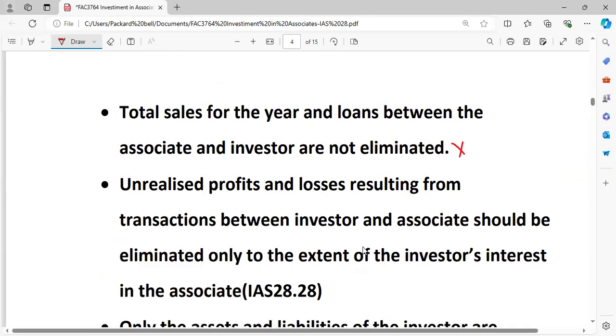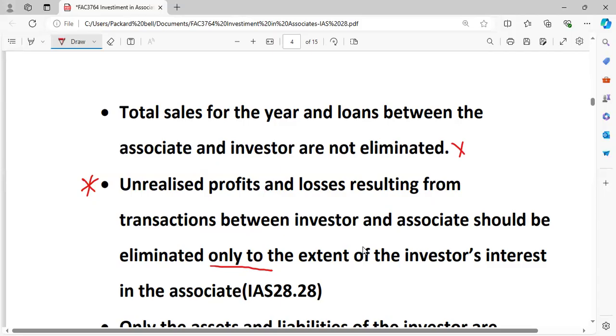Then there is also another important part: when you are doing your elimination, unrealized profits and losses resulting from the transaction between investor and the associate should be eliminated only to the extent of the investor's interest in the associate. You don't eliminate the full amount. Remember, in International Financial Reporting Standard 10, we were eliminating the full amount of the unrealized profit.